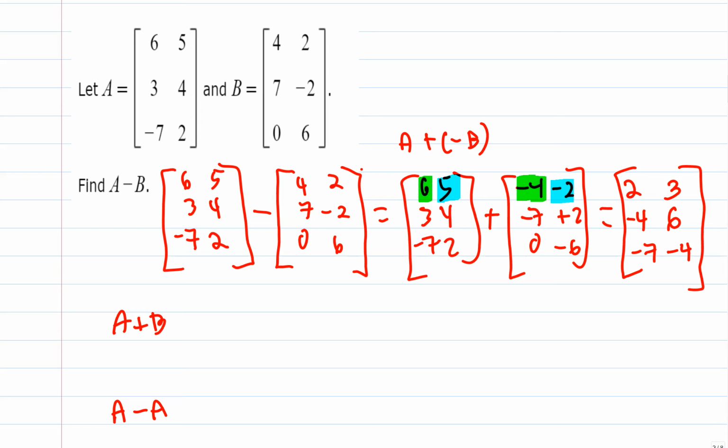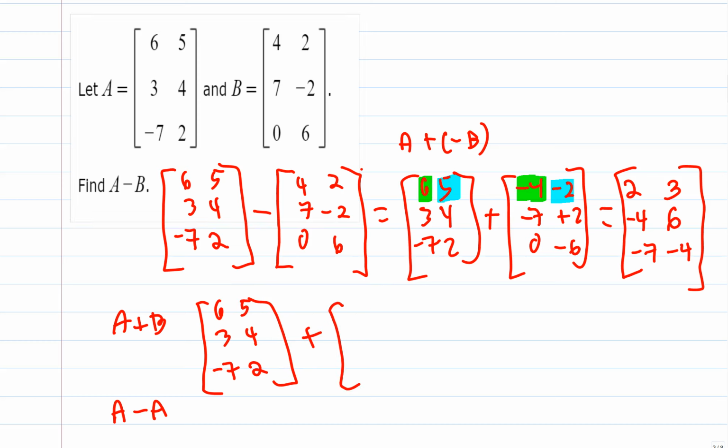Here's an easier one if I just wanted to do A plus B. This gives me a little extra space to work this one out. That would be 6, 5, 3, 4, negative 7, and 2, plus 4, 7, 0, 2, negative 2, and 6. So the difference on this one is that I don't have to distribute anything.